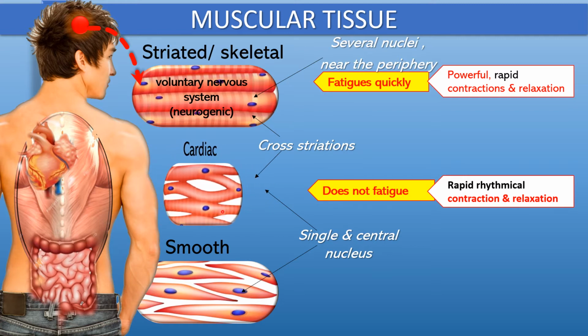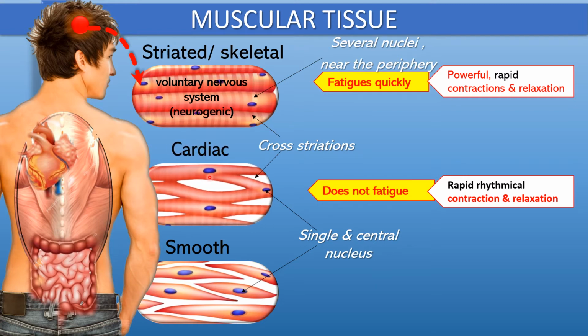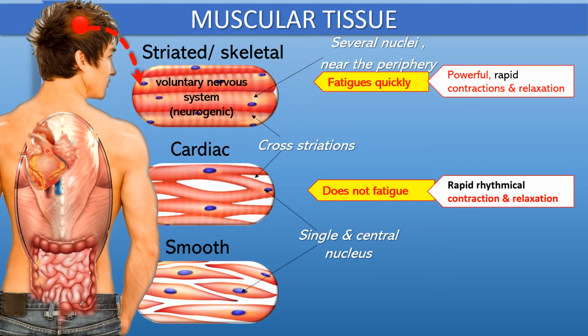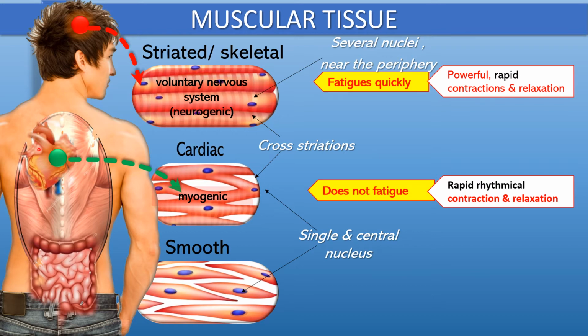So you can see the cardiac muscle is a very special muscle since it can work without becoming tired. It does not fatigue. Now, the cardiac muscle is not controlled by the brain. Instead, it is controlled by specific nodes in the heart. Therefore, the cardiac muscle is called myogenic.